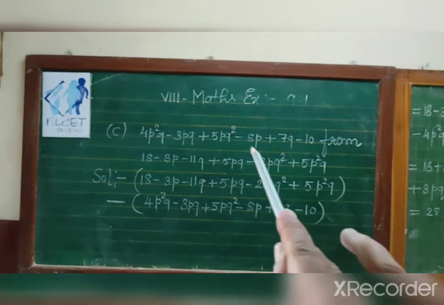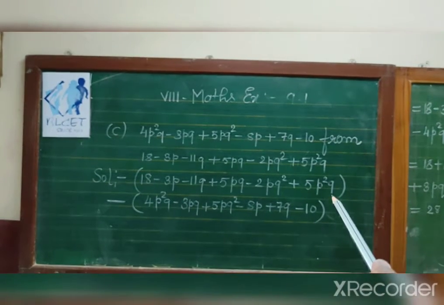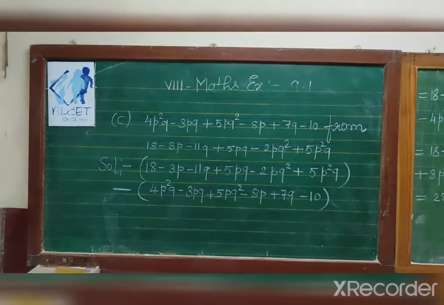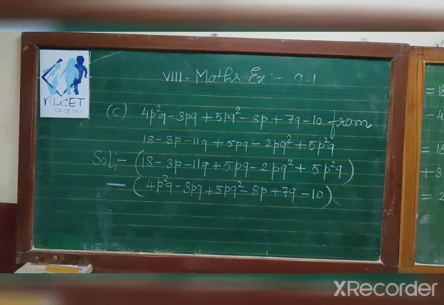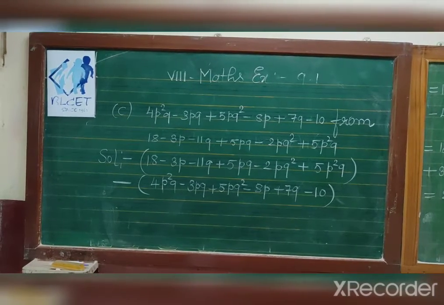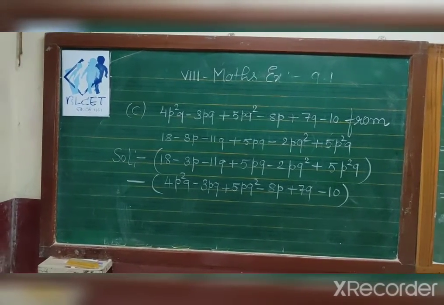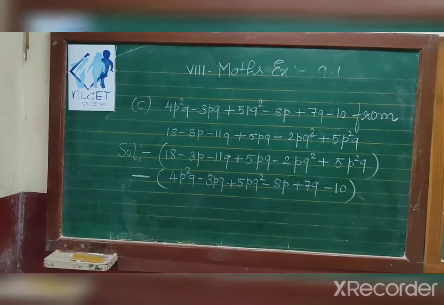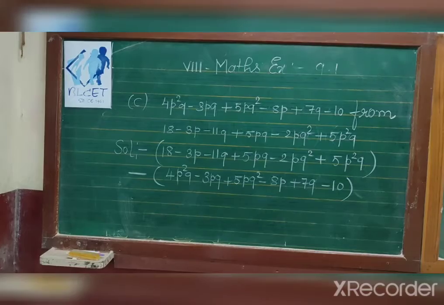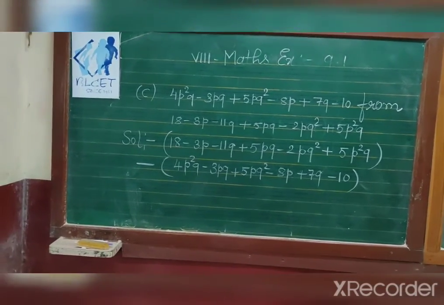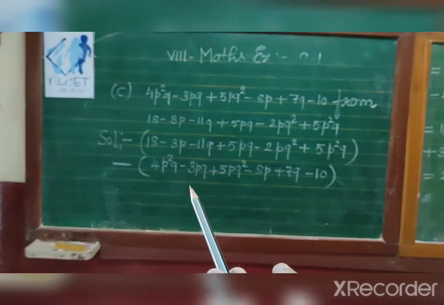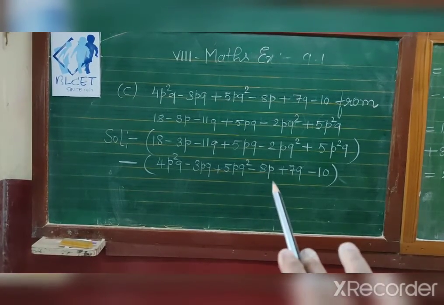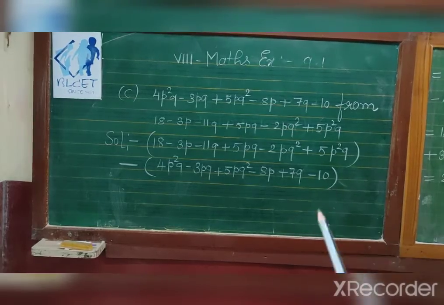So we will write the second polynomial first. In the bracket you will write 18 minus 3p minus 11q plus 5pq minus 2pq square plus 5p square q, and close the bracket, and then put a minus sign before the first polynomial: 4p square q minus 3pq plus 5pq square minus 8p plus 7q minus 10.